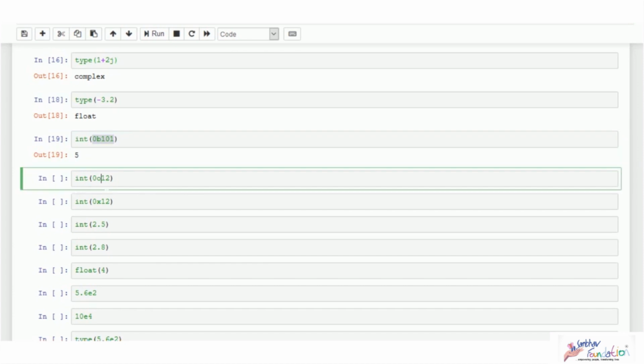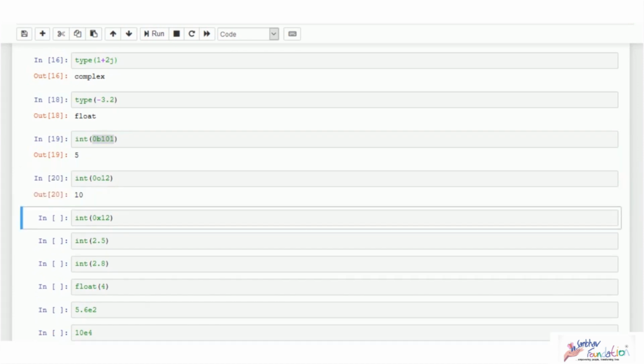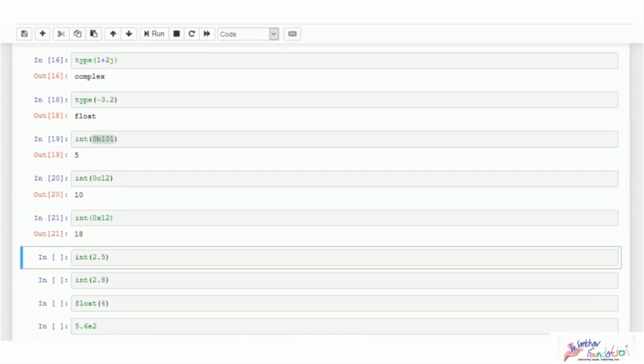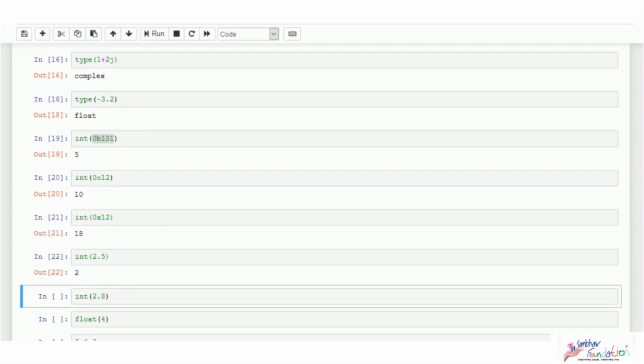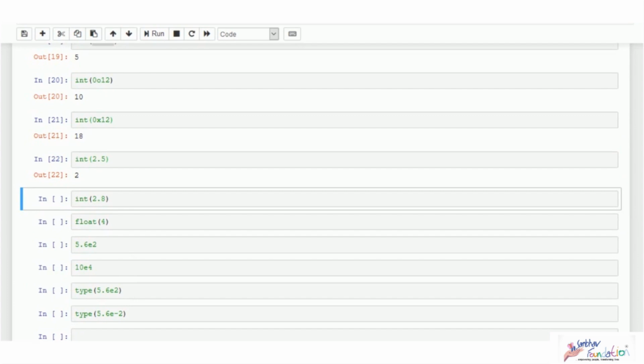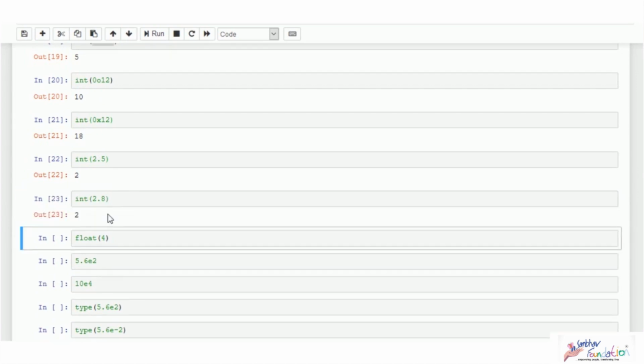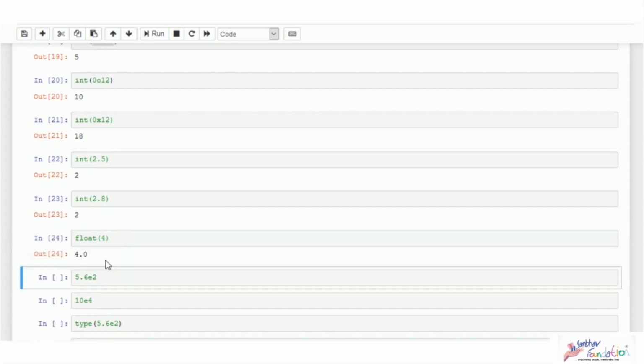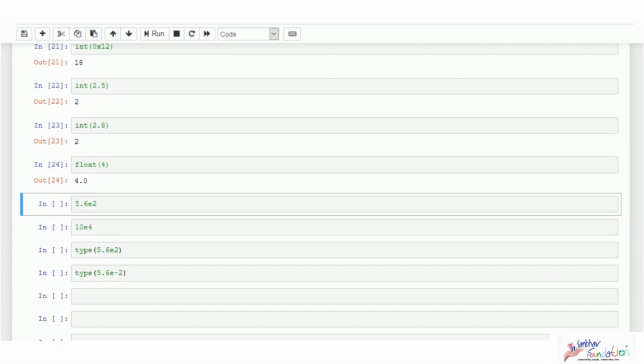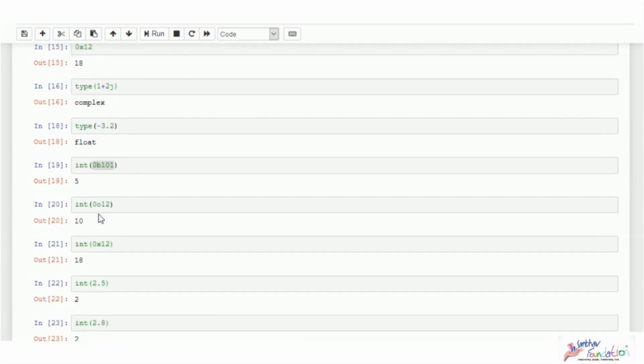Similarly, you can use it for all these numbers. Everything, the hexadecimal, float and octal numbers, gets converted into integer. Similarly, we can use the float function to convert an integer into float. So float of 4 will give us 4.0. This conversion is called type casting or type conversion in general.